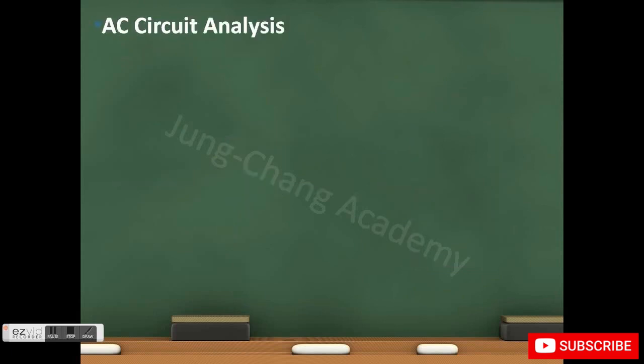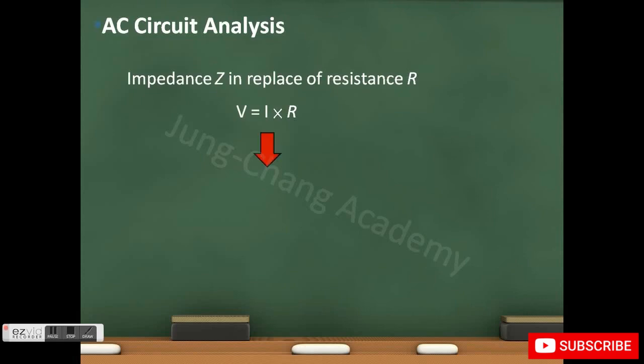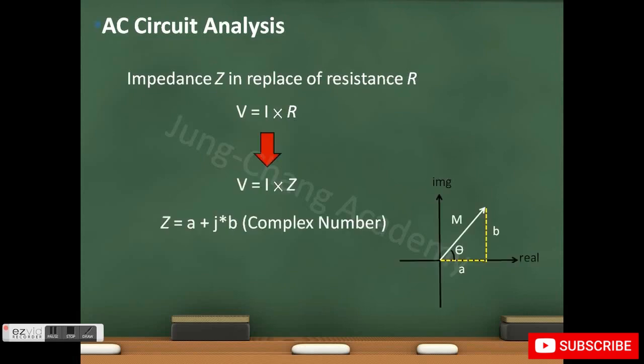When we talk about AC circuit analysis, most people will just tell you that you need to use impedance instead of resistance. So Ohm's law, V equals IR, will just become V equals IZ, where the impedance Z consists of a real number plus an imaginary number.